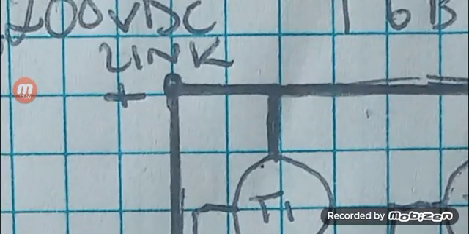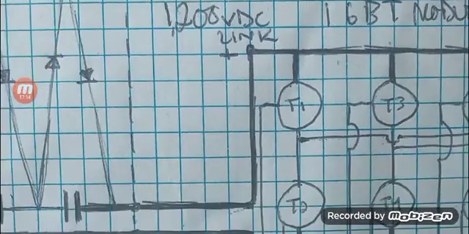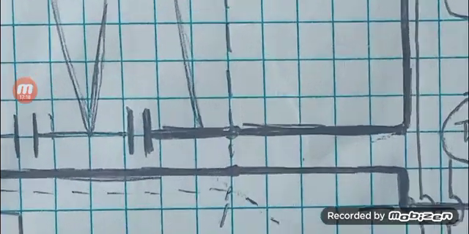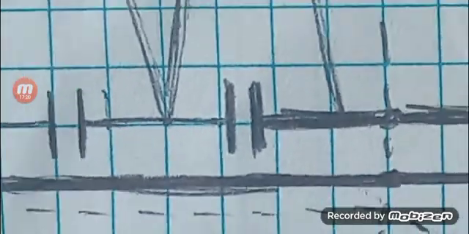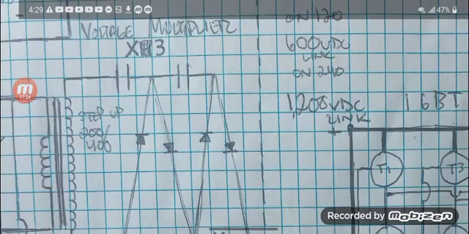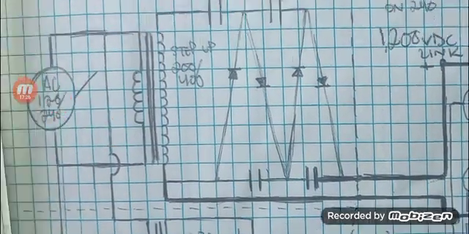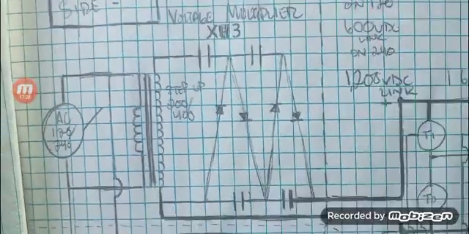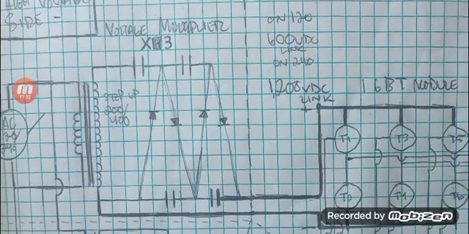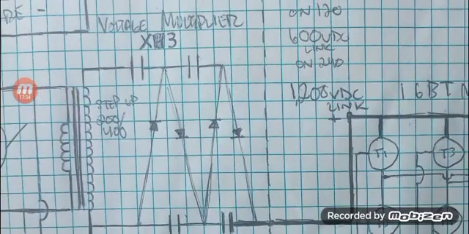Right here at the top, where there's this little plus, you can see that it comes down and connects to that capacitor over there. That is the symbol for a capacitor. That's the symbol for a diode. And then you have a transformer, step-up transformer. And then you're also stepping up the voltage with this multiplier circuit.